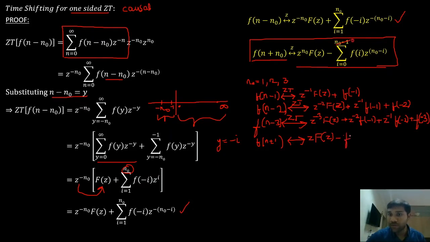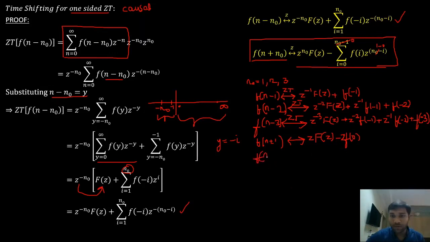That is f of 0 z to the power, this is 1 minus 0, that is 1, that is z to the power 1. So z into f of z minus z into f of 0.